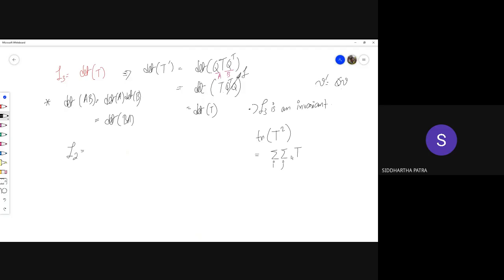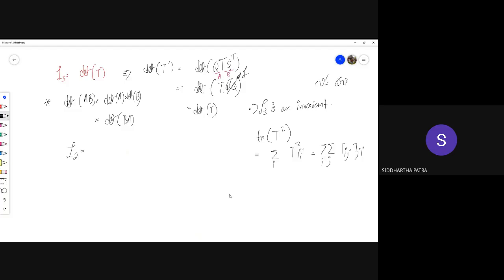It is basically t squared, right? This is summation over i, summation over j. t squared is simply t times t, right? So it is tij and then tji.